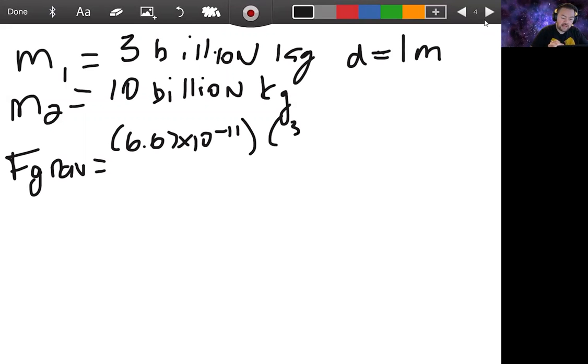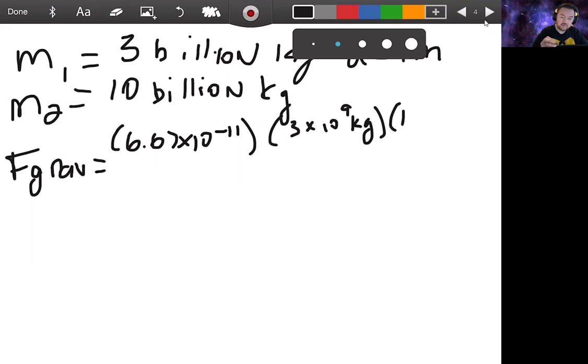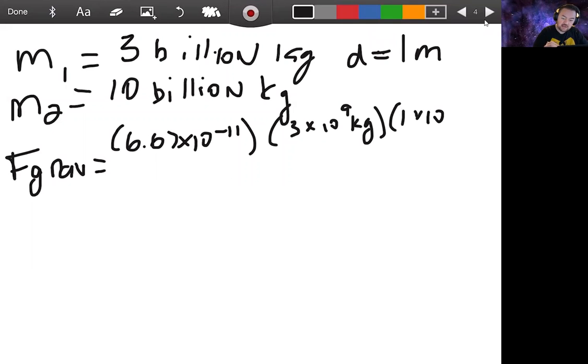So it's 3 times 10 to the 9th kilograms, times 1 times 10 to the 10th power kilograms for 10 billion. So far more massive objects. These are mountains. These are huge objects. Let's see what happens to the force.